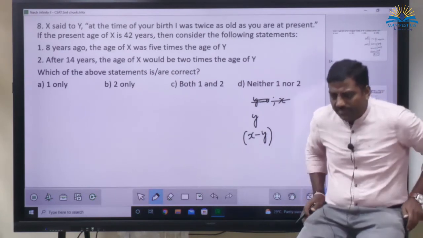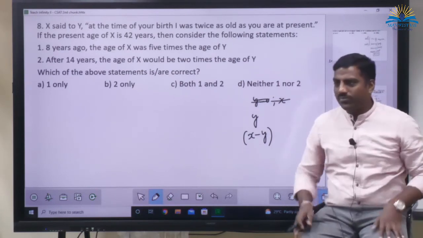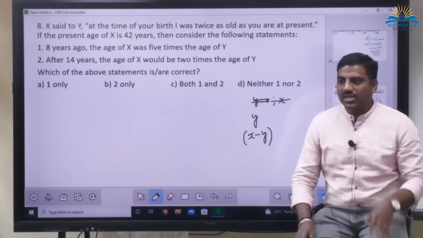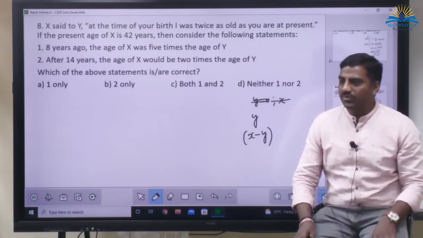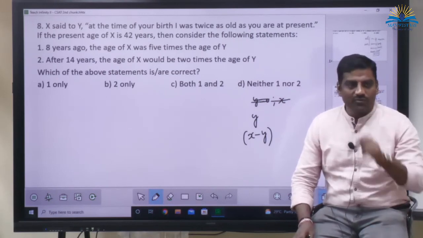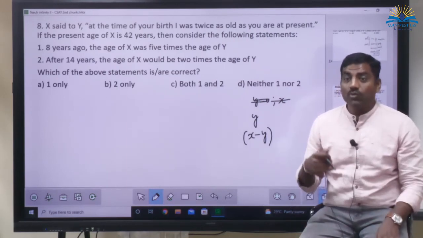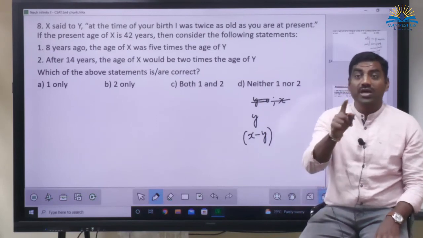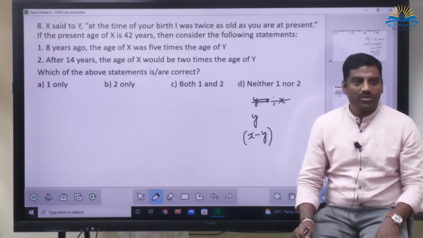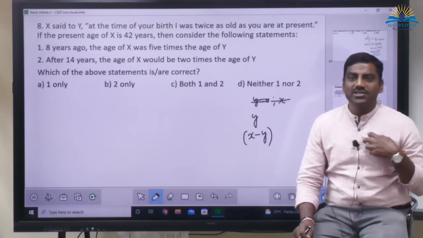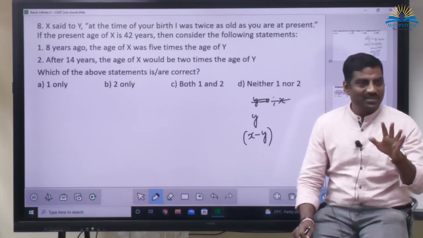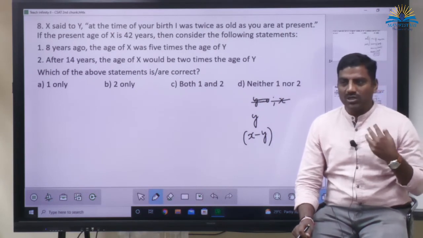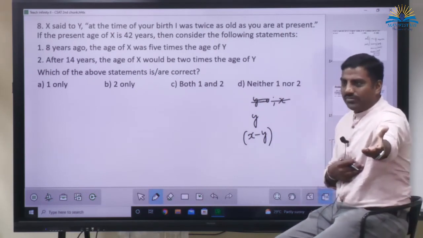Let's take an example. I am telling him, let's say he is 25 years old now. I will tell him, during the time of your birth, I was twice as old as you are today. So during his birth, how old was I? Simple, if you take the example, you will understand. 50.